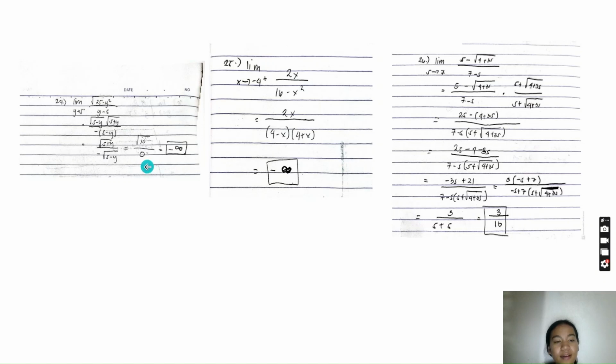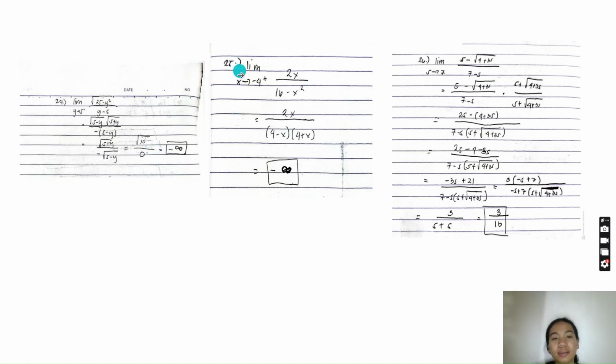Since there is a negative value, positive divided by negative, and the values are approaching from the left, then our infinity is negative. Therefore, the limit of the square root of 25 minus y squared all over y minus 5 as y approaches 5 from the left is negative infinity.